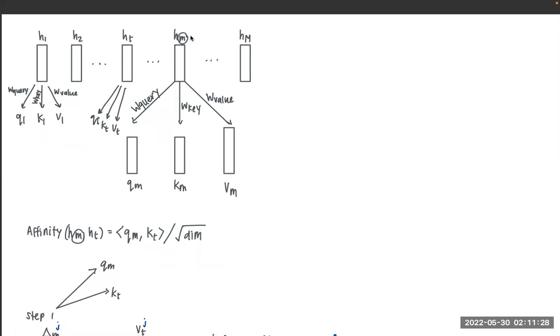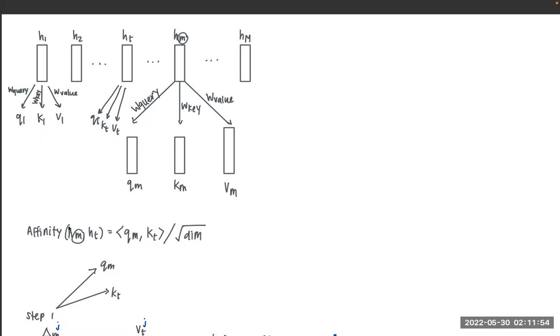So from this vector's perspective, whether this vector likes this vector or this vector, or how much it likes them. So this is based on this affinity, right? So how do we define this affinity? It is defined, again, I circle this M, so this is from M's point of view.